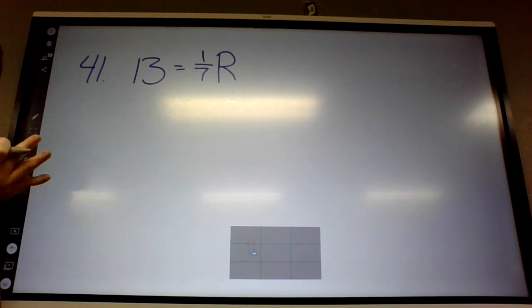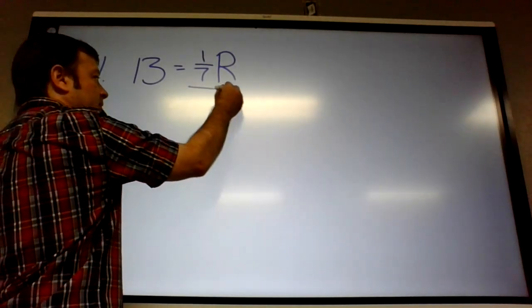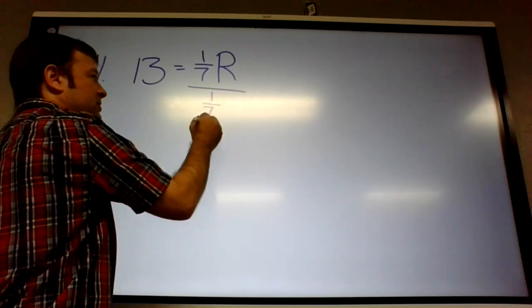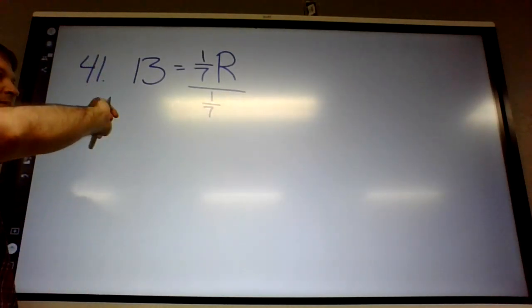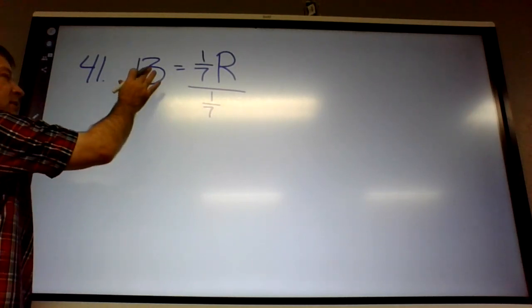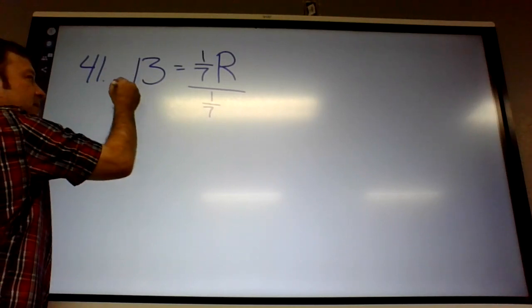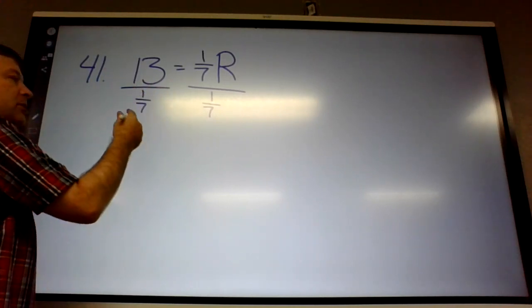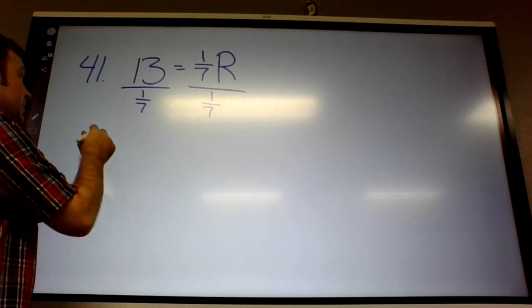So how would you solve it then? Divide by 1/7. Dividing by 1/7 is the same thing as multiplying by 7. So 13 is only 1/7 of his route. So you can plug in divide by 1/7, or you can just plug in times 7. Same thing.